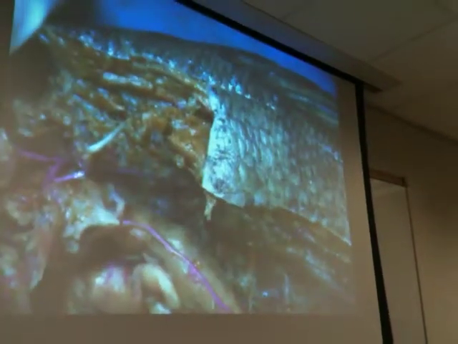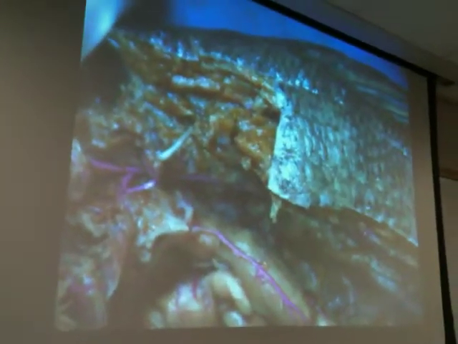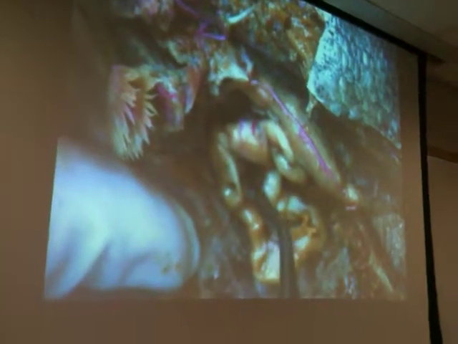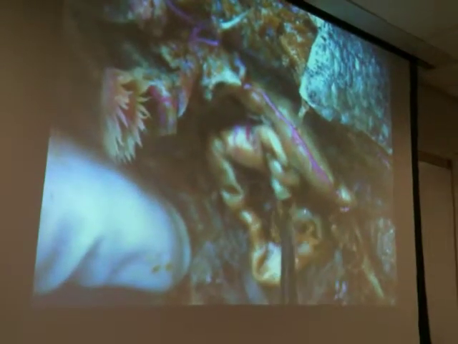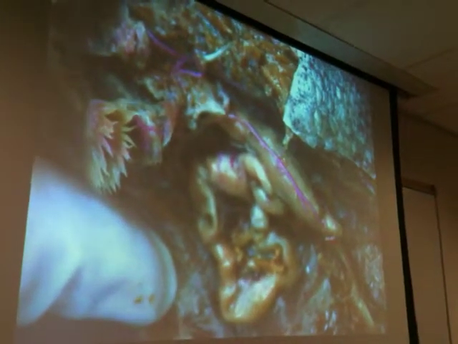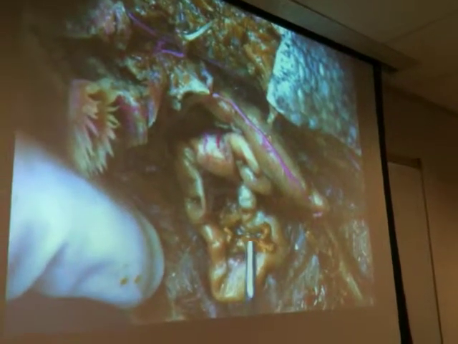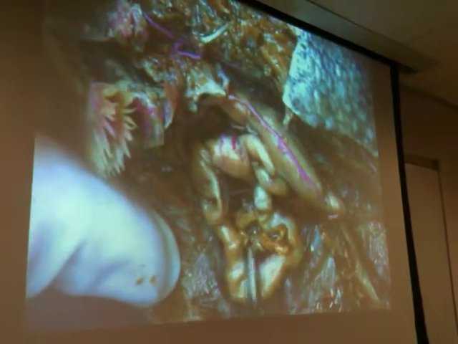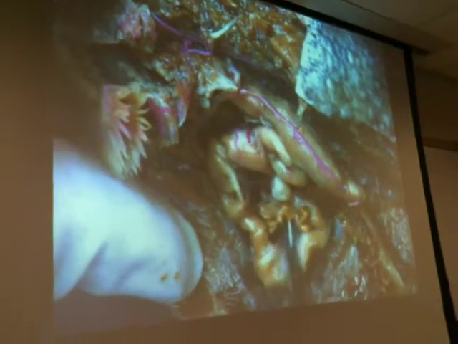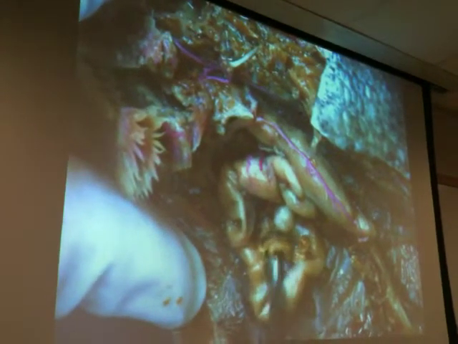So the pancreas will be whitish, yellowish tissue that will look like mesentery, like this connective tissue. Okay, but it's right in there. Let's see if we can focus this. So yeah, this yellowish stuff in here, in the middle of the duodenum, that's the pancreas.